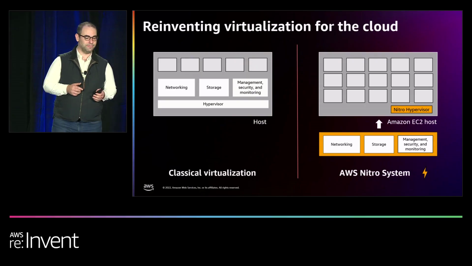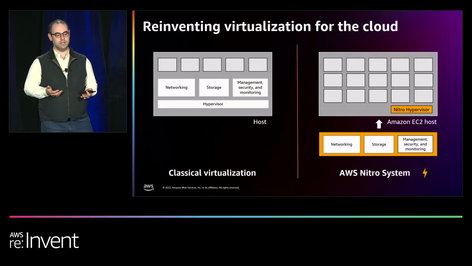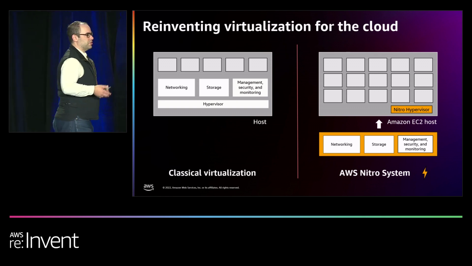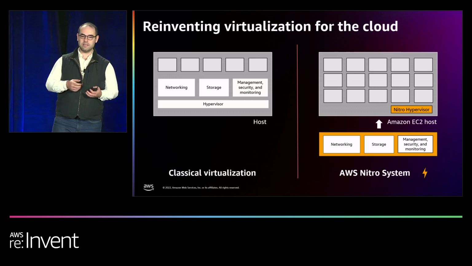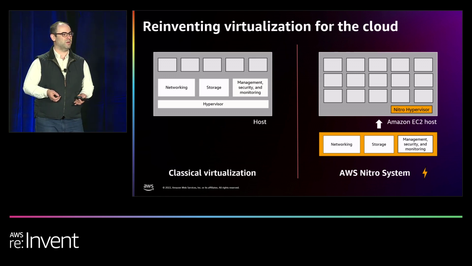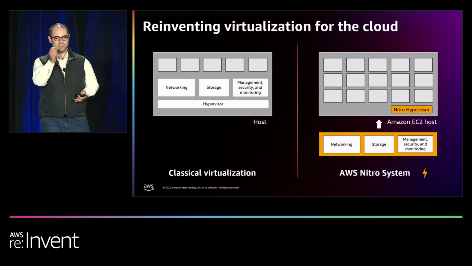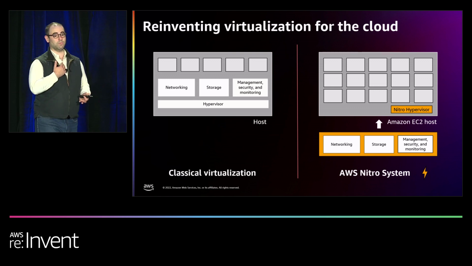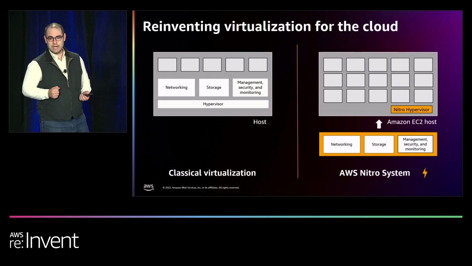In order to discuss the future, we're going to take a brief trip back to the past. So, on the left side of this screen, you see a representation of classical virtualization, if you will, traditional virtualization. And this is the image that I think many of us would draw on the back of a napkin if someone asked us to sketch out what a virtualization system looks like. Certainly is what I would sketch out.